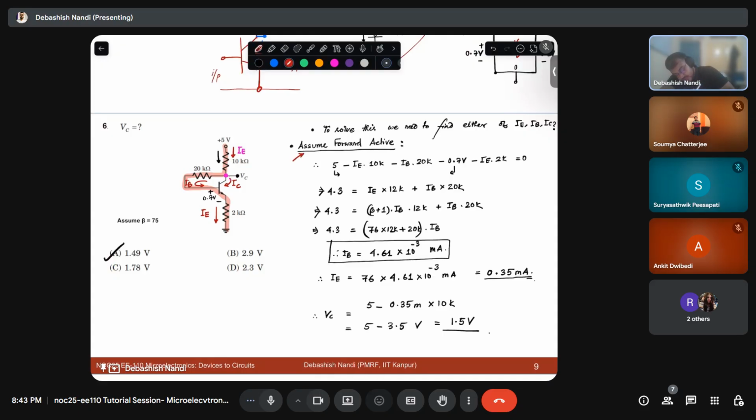So if this voltage is 1.5 volt, I need to check what is my VE. VE I can easily find. What is 2K times IE? IE is 0.35 milliampere, so VE will be 0.7 volt.